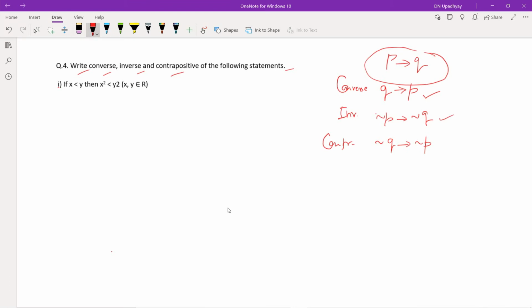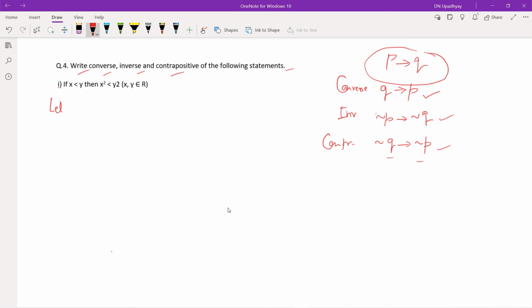And for inverse, we have to just put the sign of negation on both sides, negation P to negation Q. And last, contrapositive, we have to change the arrangement or sequence, as well as put the sign of negation. So negation Q to negation P.